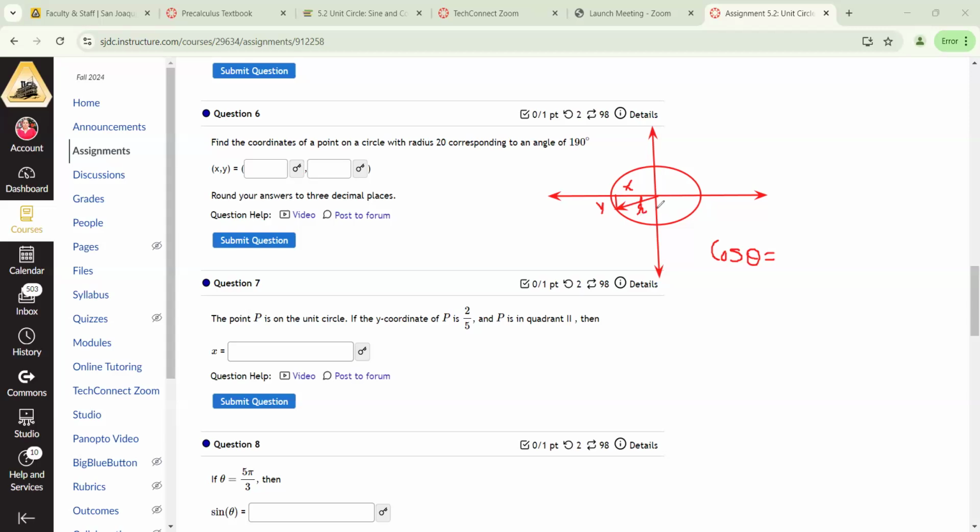So SOHCAHTOA, the cos is adjacent over hypotenuse. So x over r, and sine theta is equal to y over r. So that would give us two things.